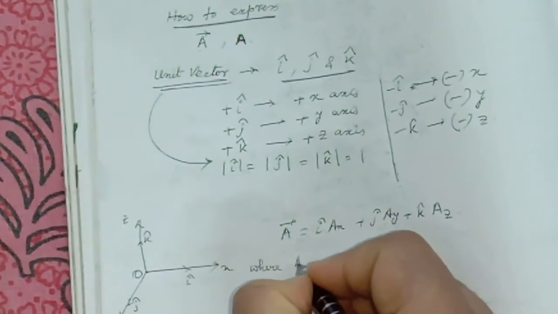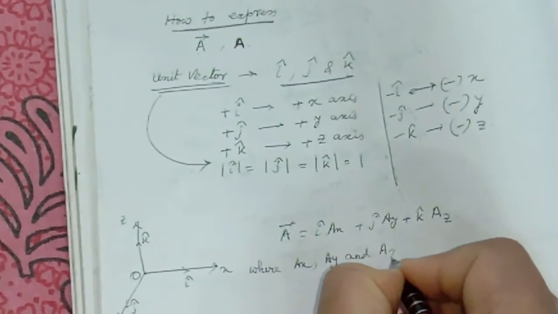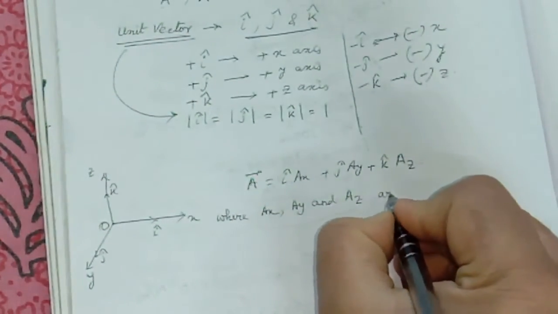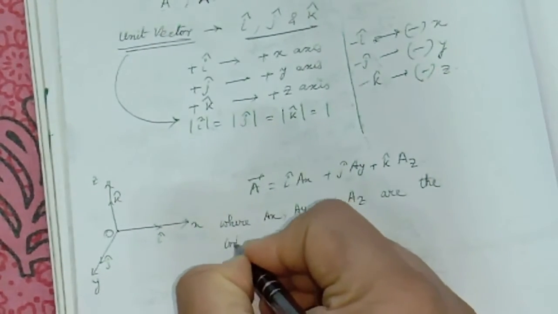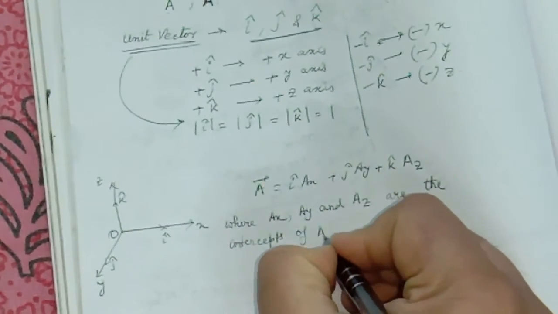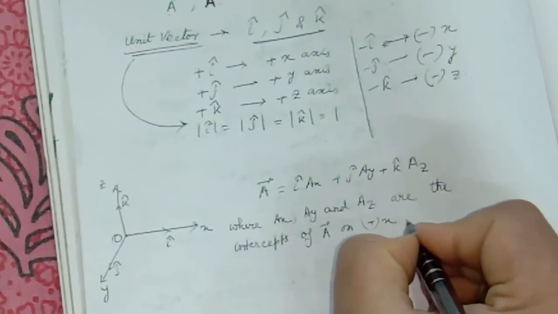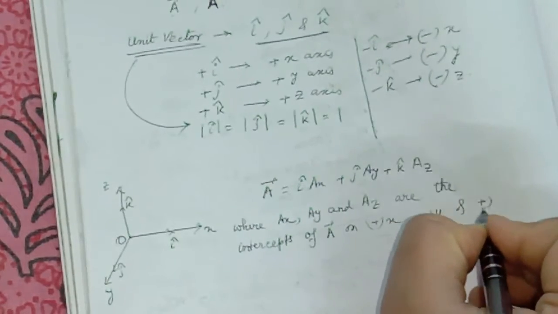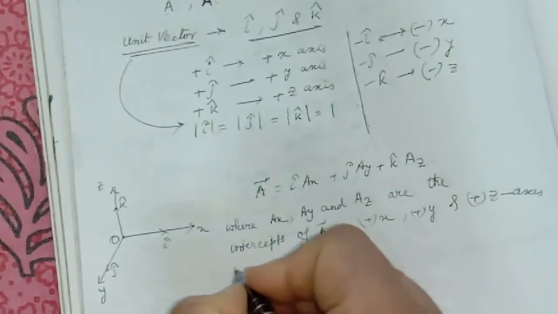where Ax, Ay and Az are the intercepts of a vector on the positive x, positive y and positive z axis respectively.